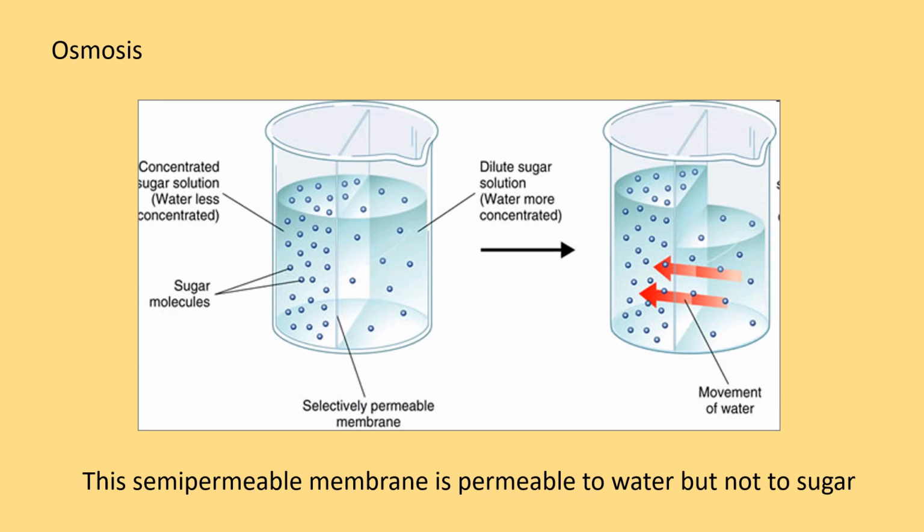This is a common activity that's done in general biology classes so that students can really see osmosis occurring. The activity begins when students take a beaker like this, where there are two different compartments, the compartment on the left and the compartment on the right. What separates the two compartments is this barrier, a selectively permeable barrier.